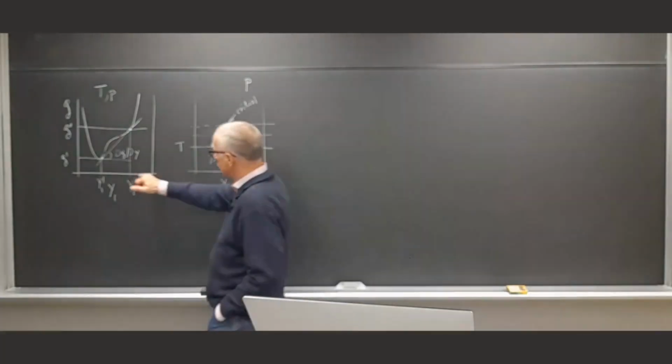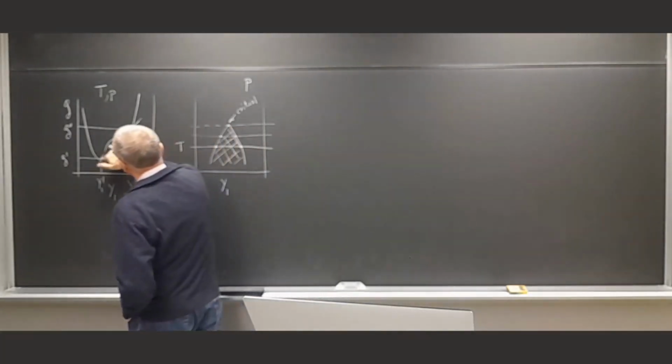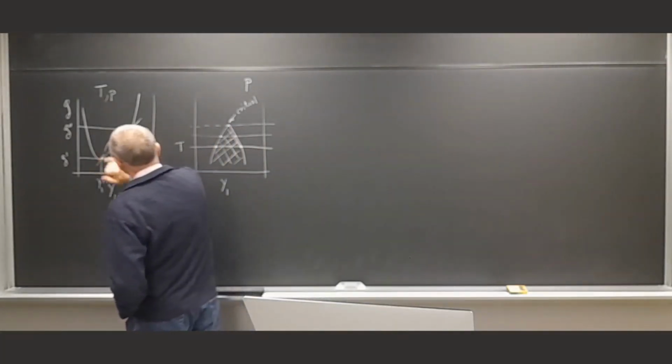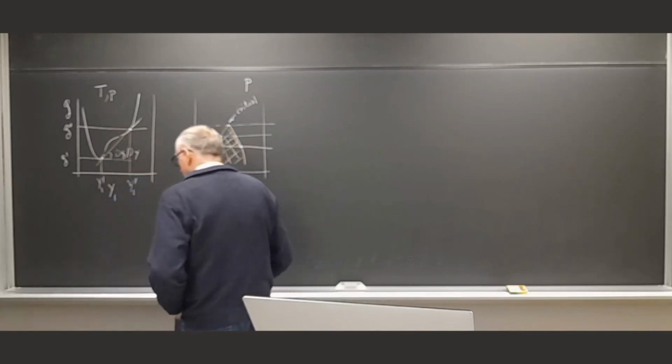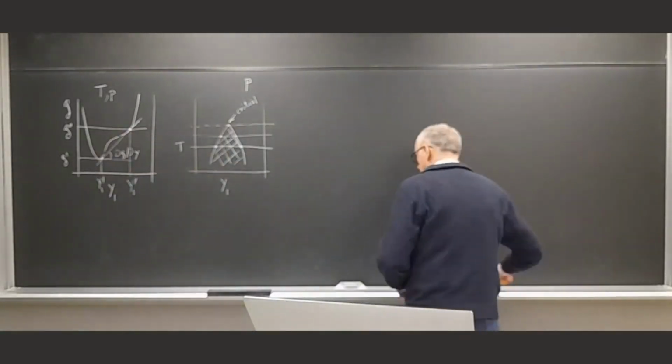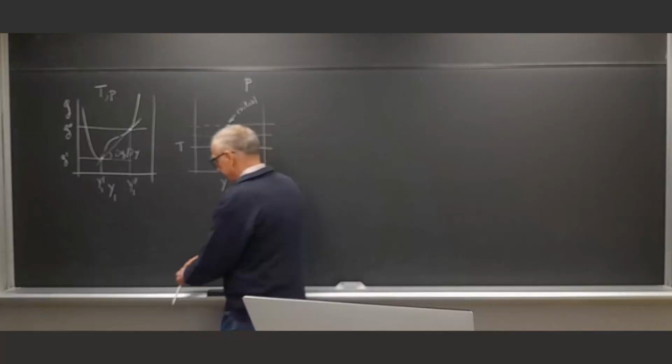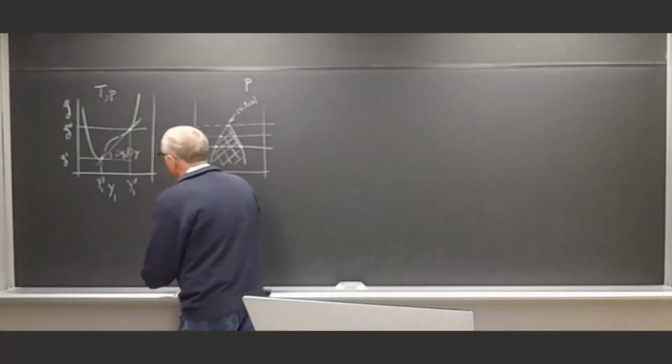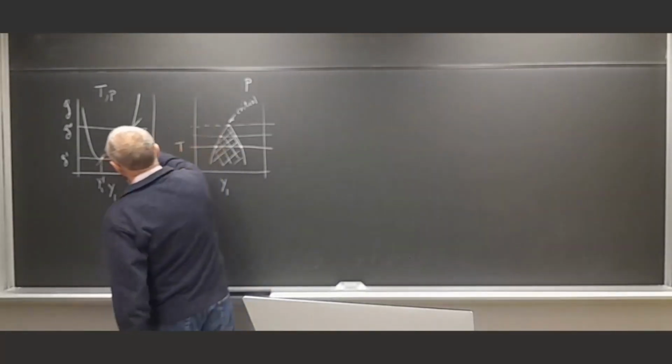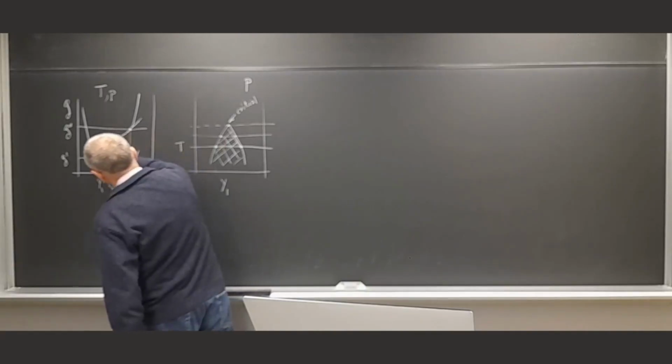And these 2 points here are going to define different mole fractions than the 2 phases in mutual equilibrium. So see, this is a different mole fraction and a different mole fraction.